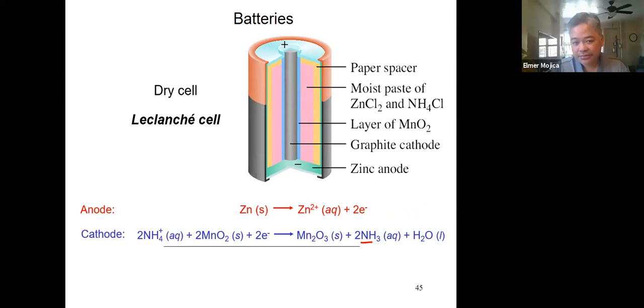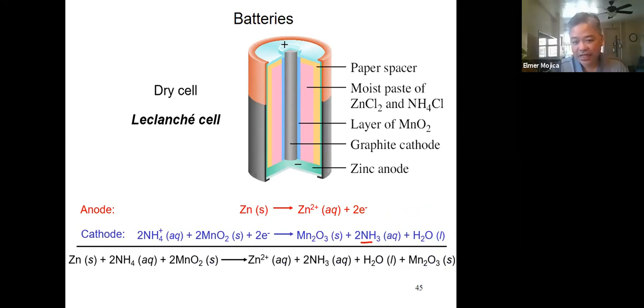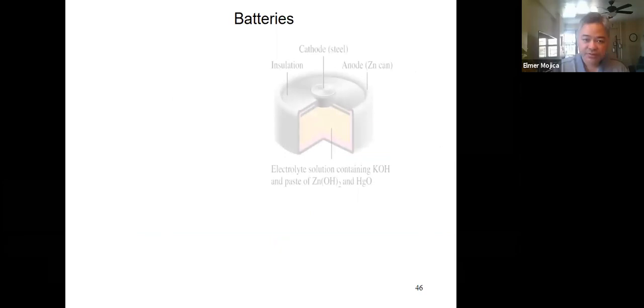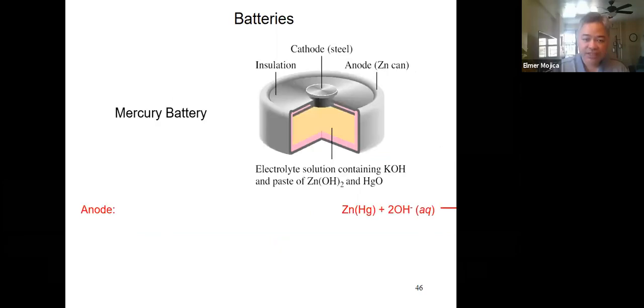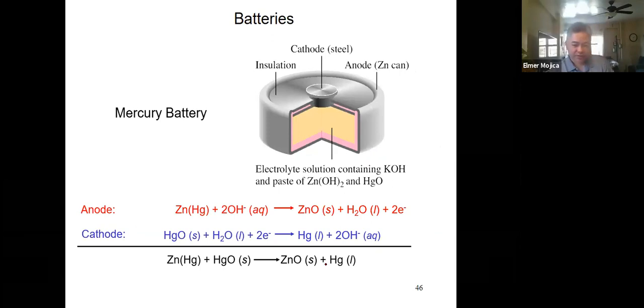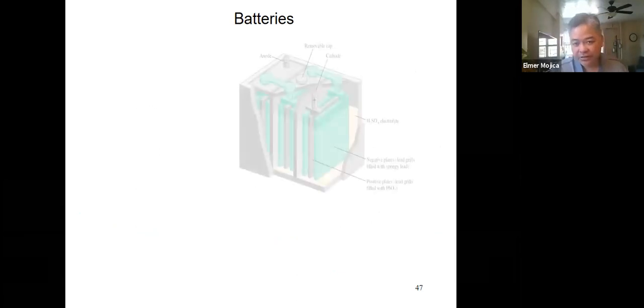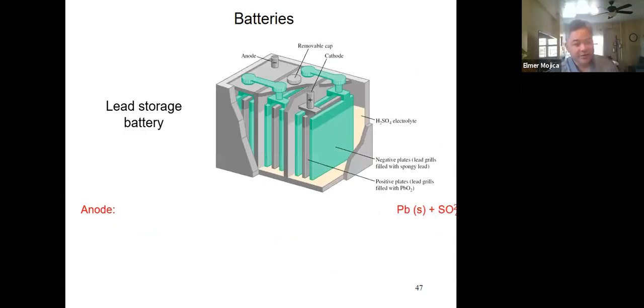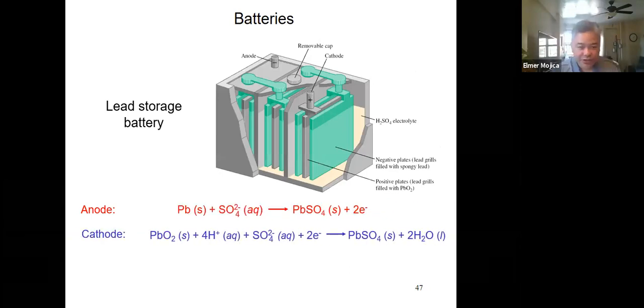If you look at the overall reaction, this is how it reacts. It's the zinc metal that is being oxidized. And then you can also have a mercury battery, which is no longer used because it produces a toxic pollutant, liquid mercury. And then if you have a car, this is the chemistry in your car.